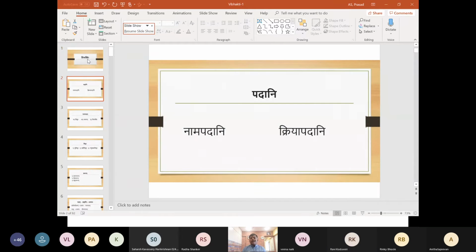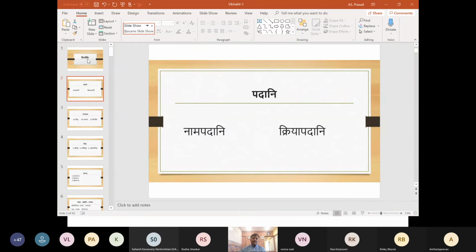So words are of 2 types. There is Namapadam and there is Kriyapadam. There are noun forms and there are verb forms. Namapadani, Kriyapadani. Namapadasya root form eva Pratipatikam.